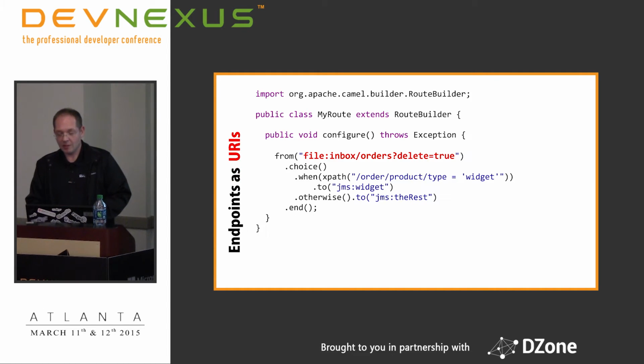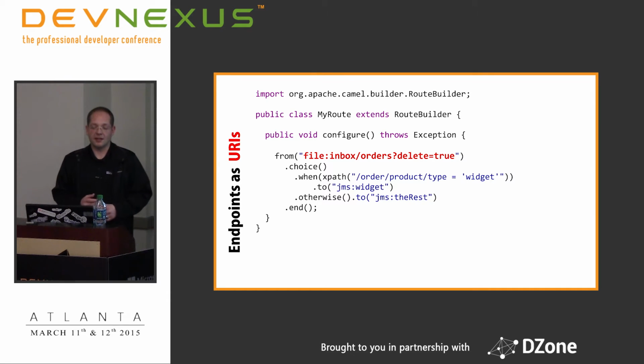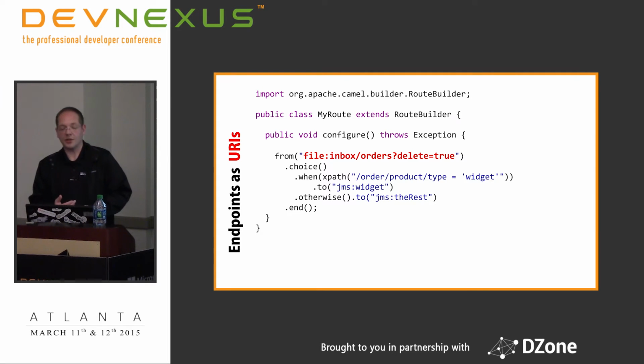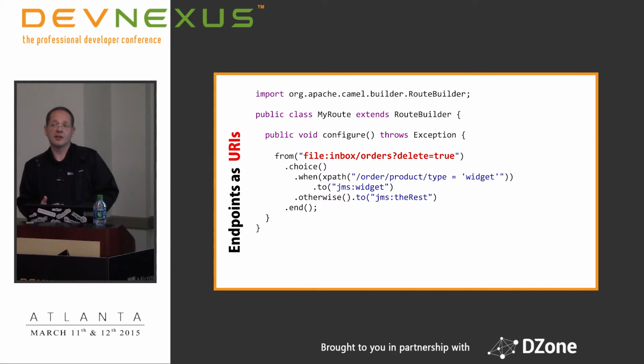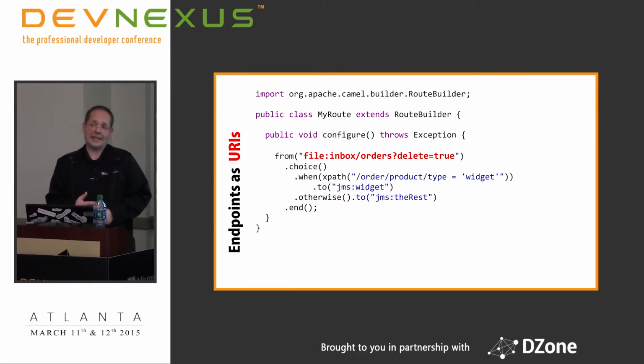The real base for its success basically is that you could define endpoints via URIs. So it's pretty easy, understandable, and natural what is going on here, right? You are obviously reading from a file folder, the orders, and whatever we read here is going to be deleted afterwards.